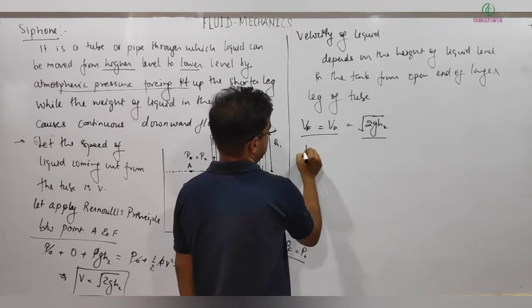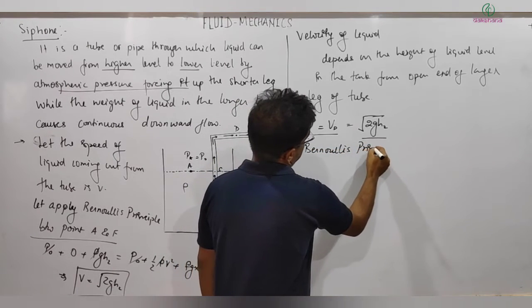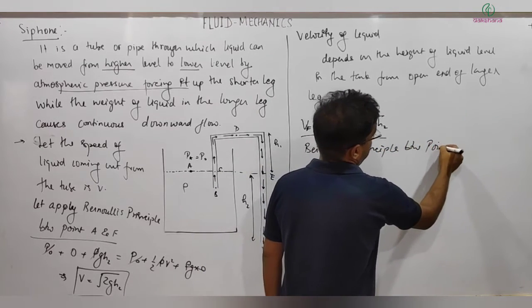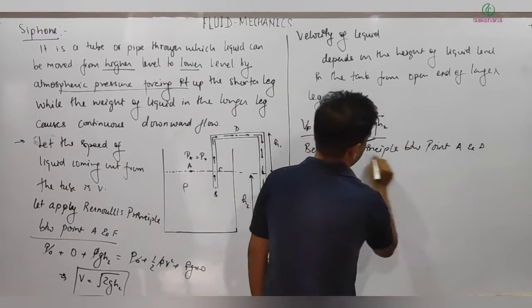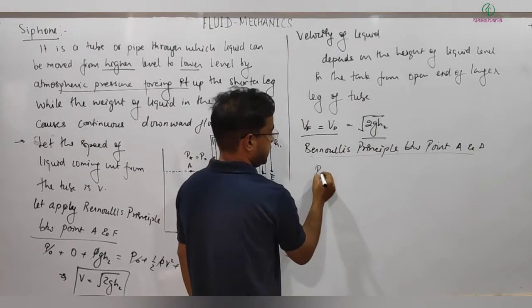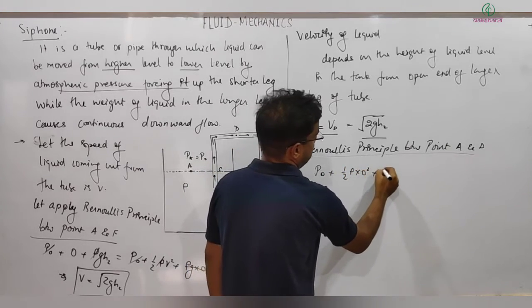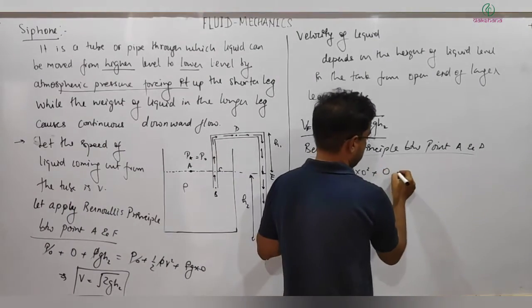So let me apply Bernoulli's principle between point A and D. That will be, I can write PA, again P naught, plus half rho into 0 square, plus from this reference it's equal to 0.